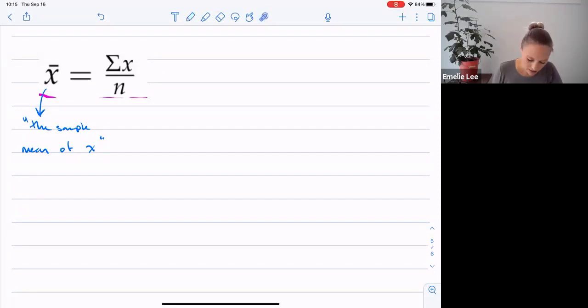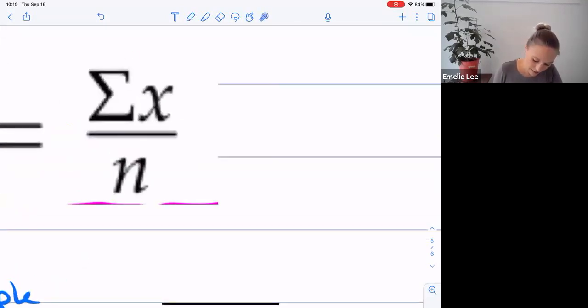And the sum can get kind of complicated. Sometimes there's an x subscript i to denote each individual data point: x1, x2, x3, x4, x5. I have omitted that because it makes it look cleaner. But if you see that, just ignore the subscript. It's just saying sum up all the x's.